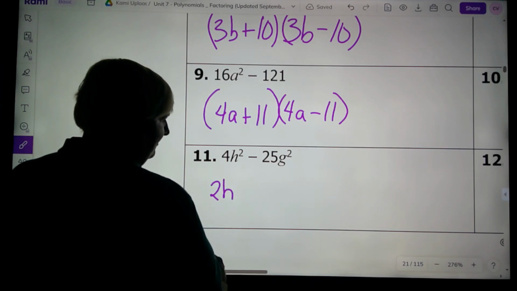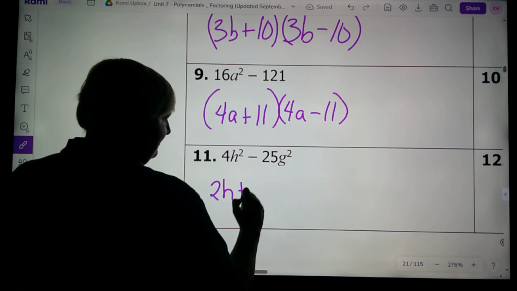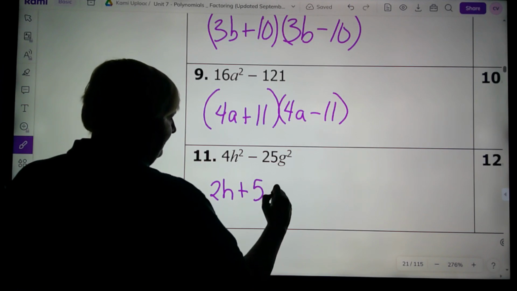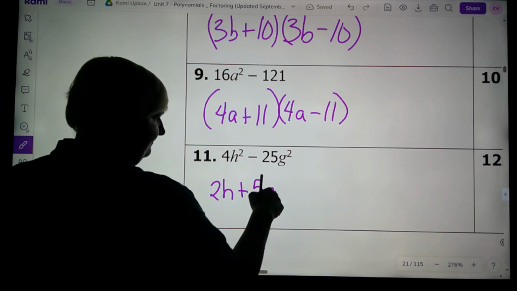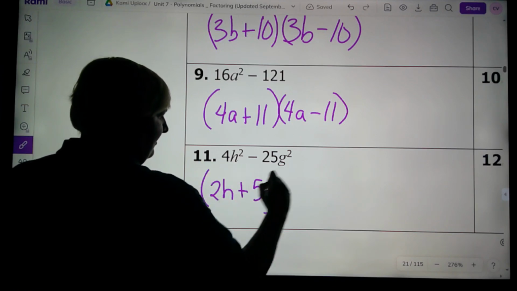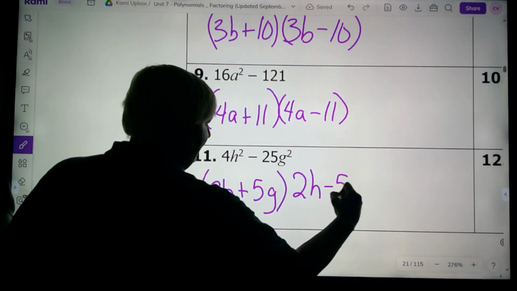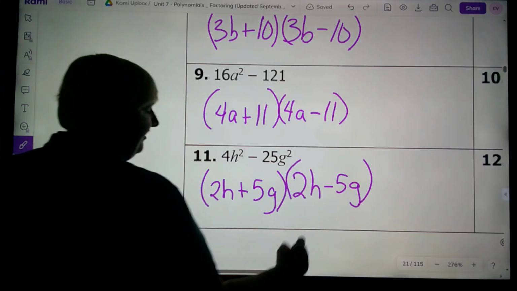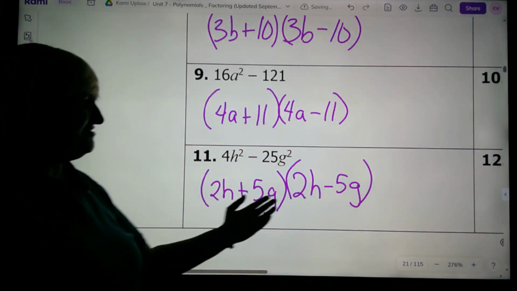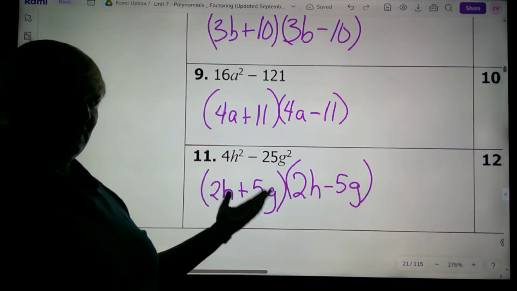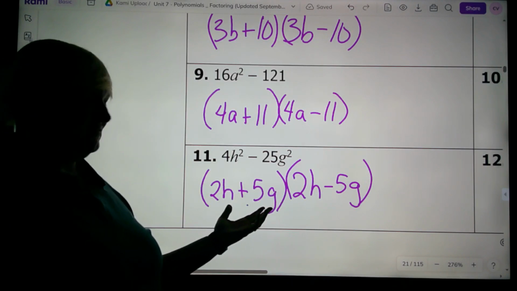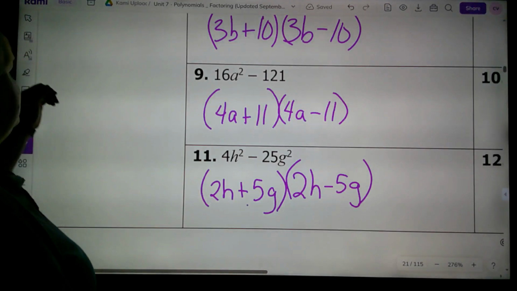2h plus 5g and 2h minus 5g. They're copies of each other. One positive, one negative. They're copies. Copies of each other.